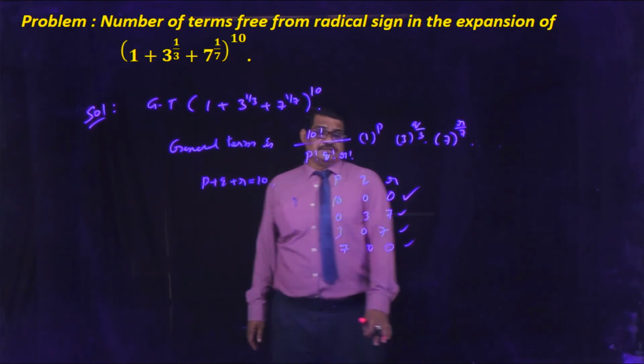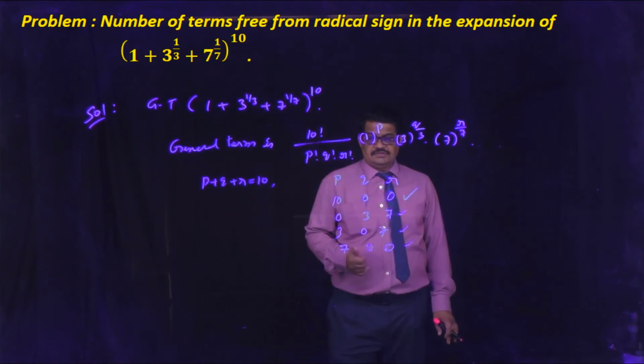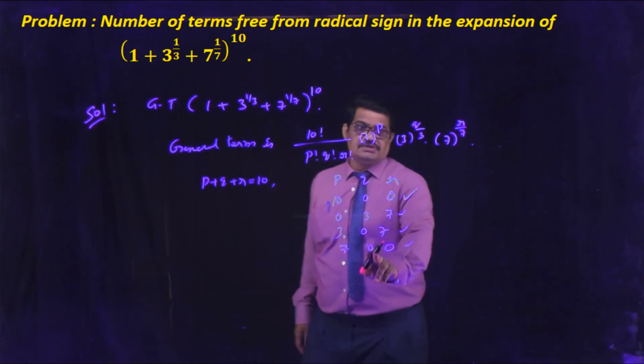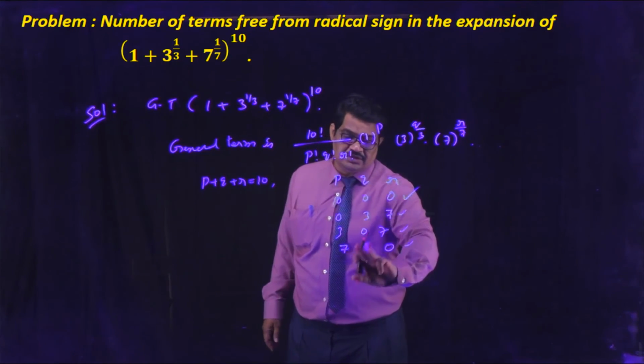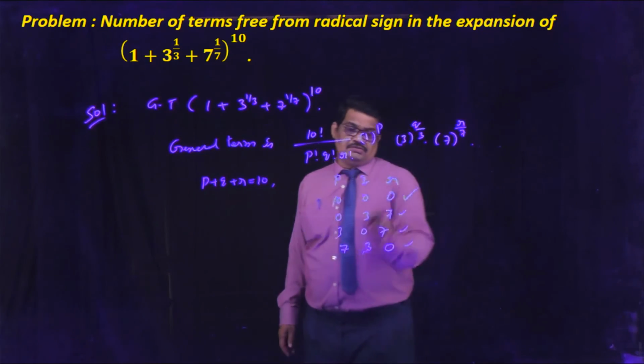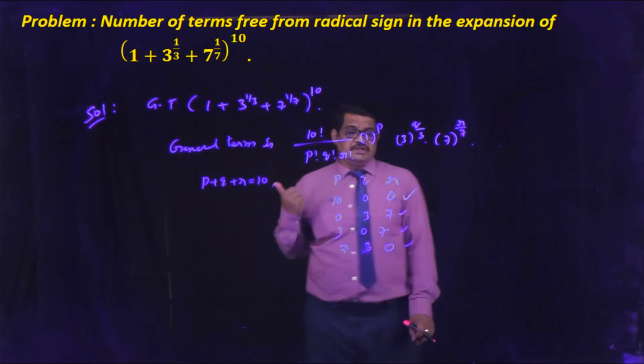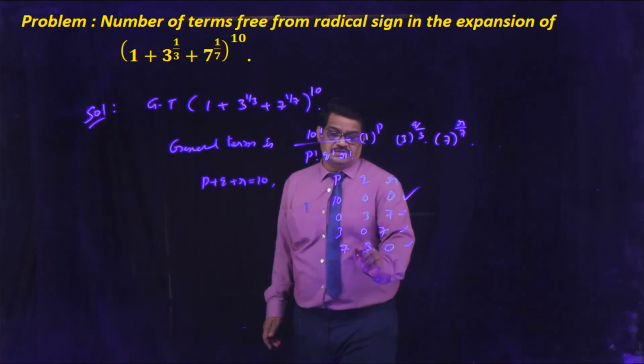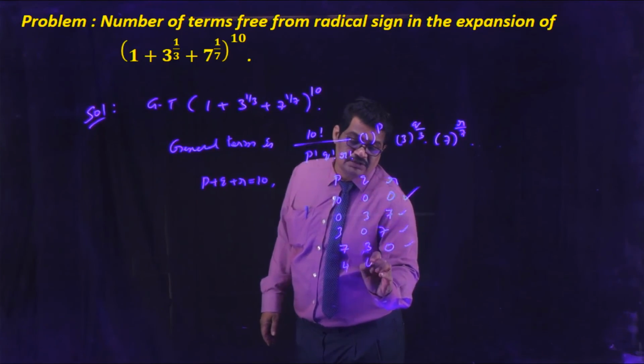Okay. Next we have taken 7, and this one is 3. These are the 4 chances. Then we have taken this is 4 and this is 6.